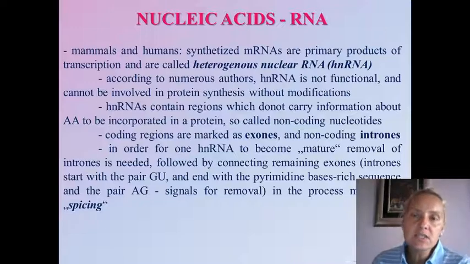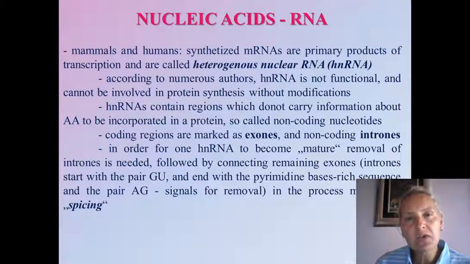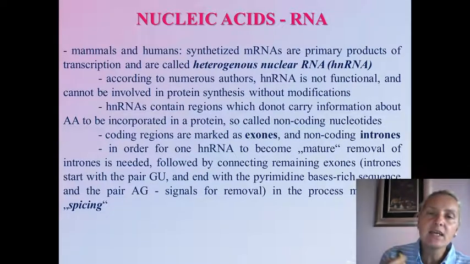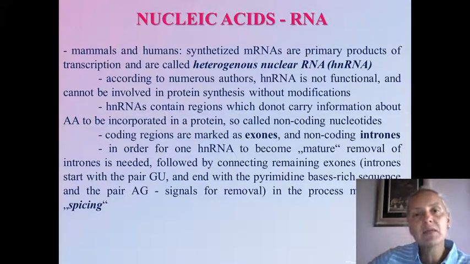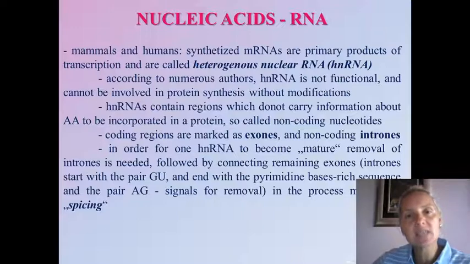Usually those introns have a very specific structure and nucleotide sequence, so they usually start with the GU pair and end with the AG pair, but before that last AG pair they have a pyrimidine-enriched sequence.